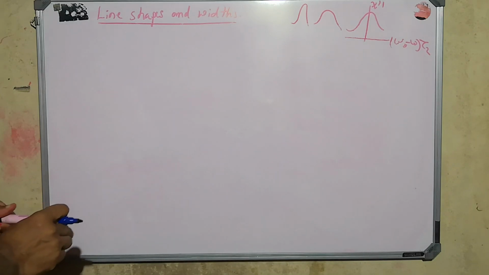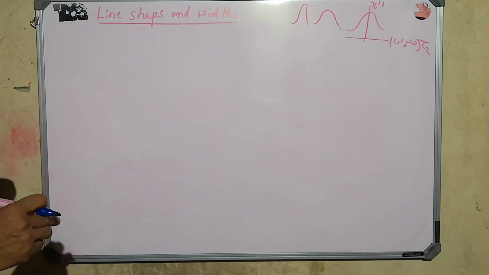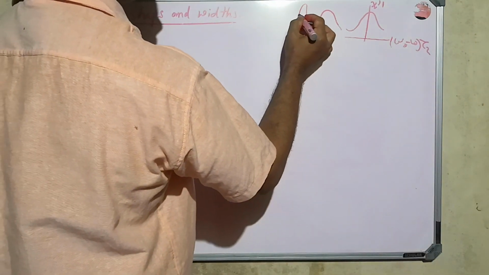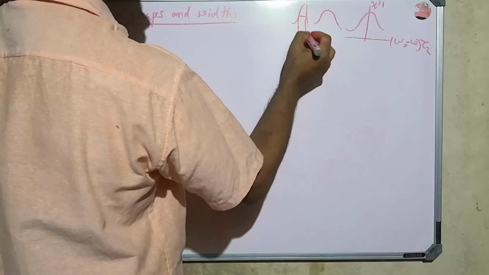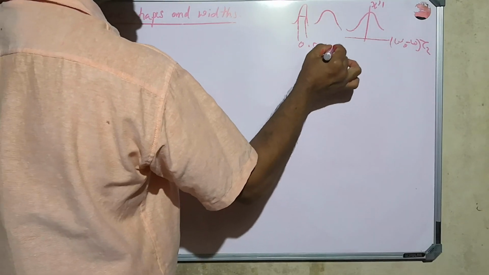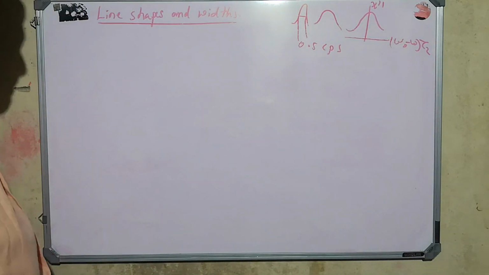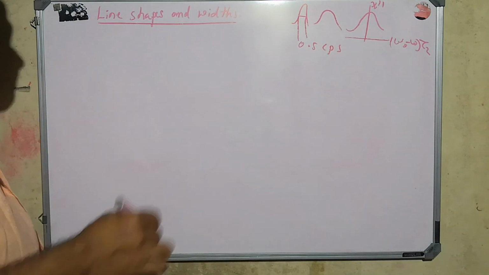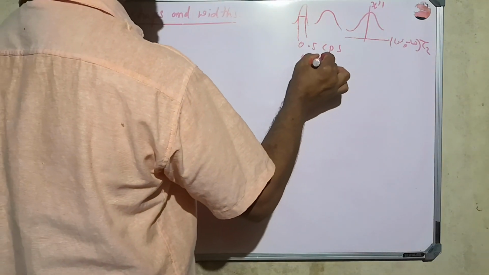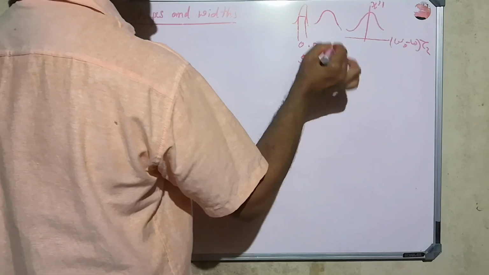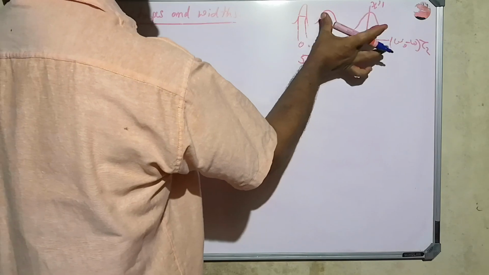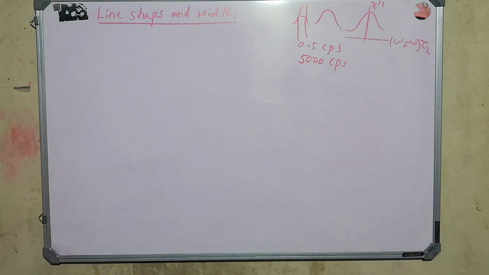For some liquids, the line widths can be narrow, about 0.5 CPS, cycles per second or hertz. For a particular solid, the value is about 5000 CPS or 5000 hertz. Then 5000 hertz means it is a flat curve.